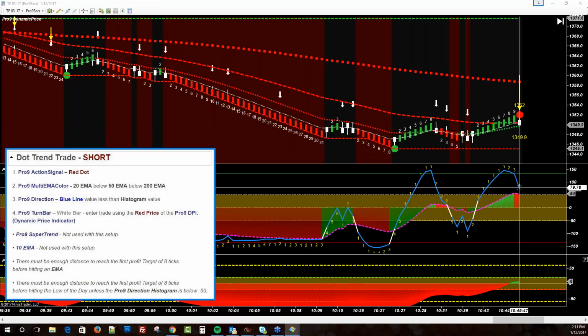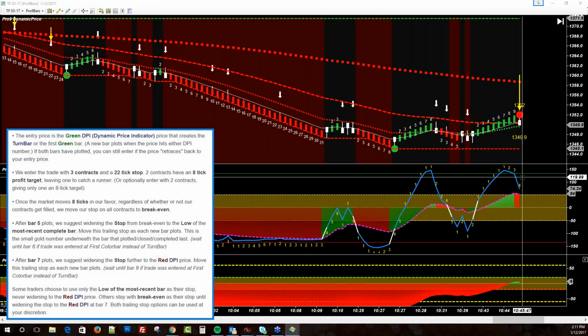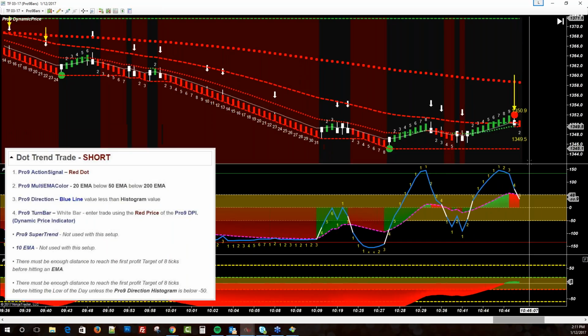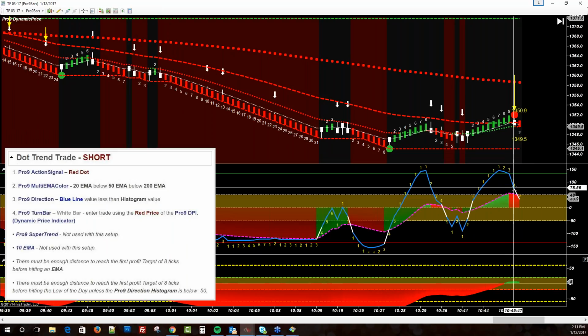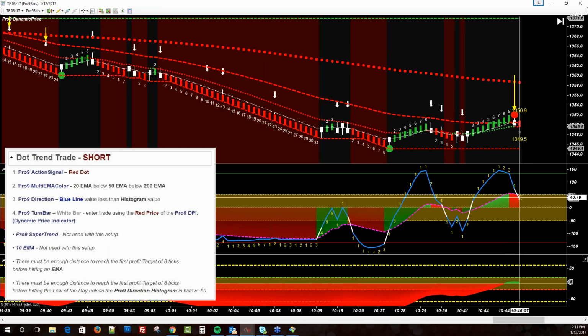The blue line needs to be on the correct side of the histogram for a short trade. So it needs to be below this purple line, which it isn't yet, but it can also qualify on the first color bar. After our first color bar plots, we see that it does cross to the correct side.